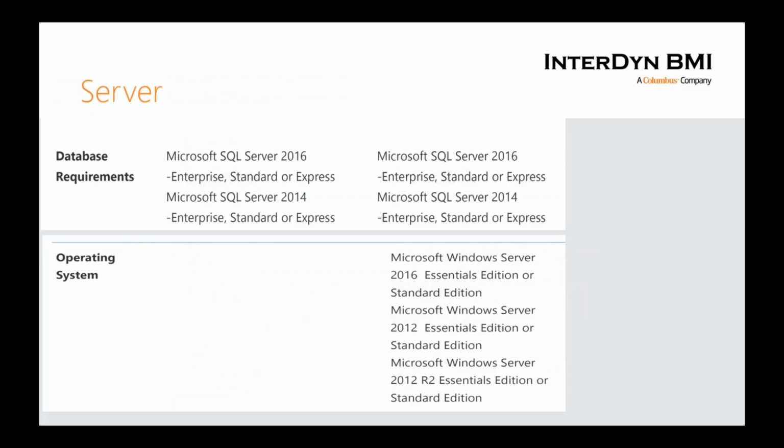Okay, now on the server side, this is where it's possibly a little bit more problematic. The database, our SQL Server for GP 2018, will have to be on SQL 2014 or SQL 2016. Many people still run SQL 2008. That will have to be upgraded before you go to GP 2018.